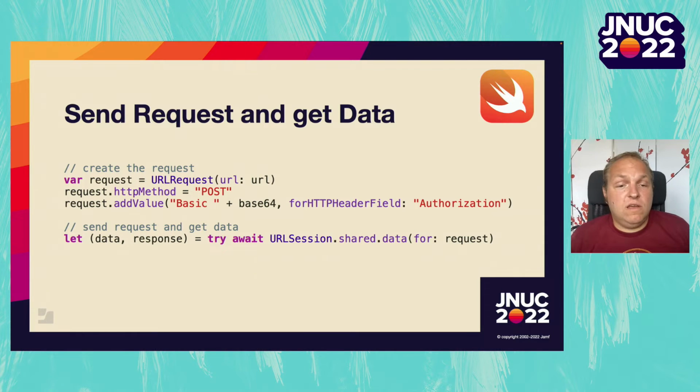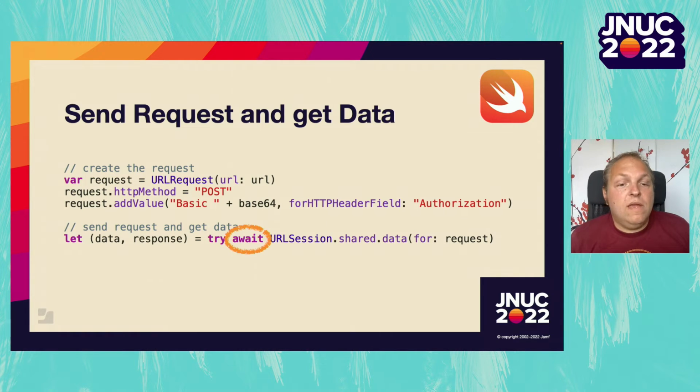Most of the work is actually done by the URLSession, but we have to put together the URLRequest. And if you look at that, that's very similar to putting together a curl command. We give it the HTTP method, which is POST. We add a header value for the basic authorization field with the string we encoded earlier. And then we send the command to the URLSession and say, I want the data that comes from this HTTP request.